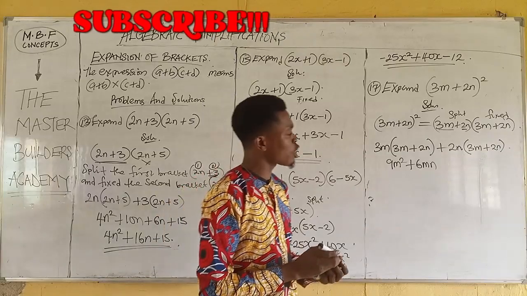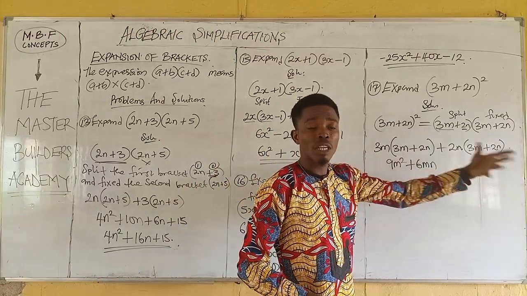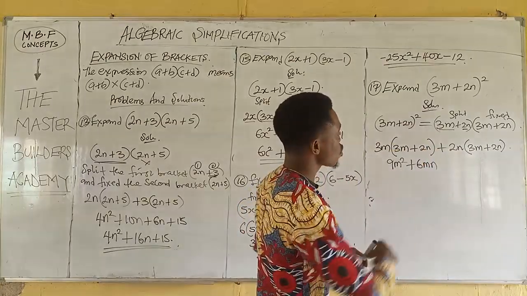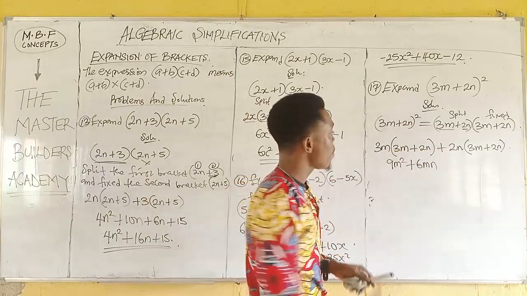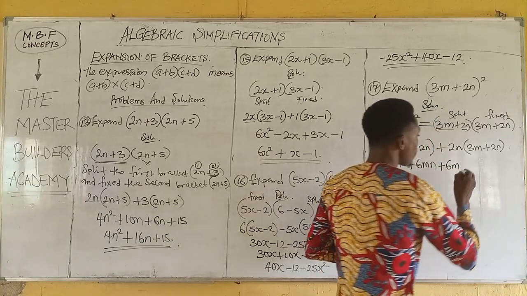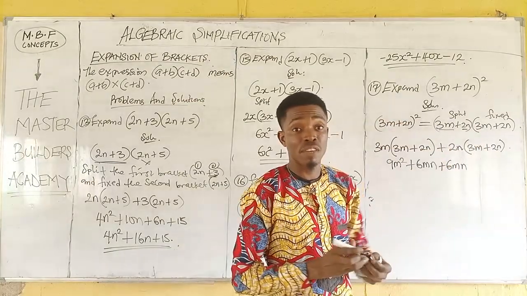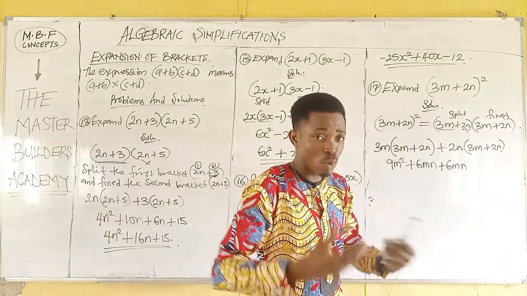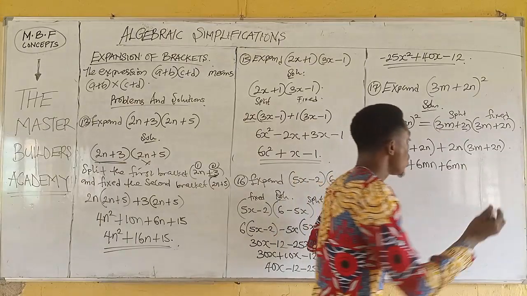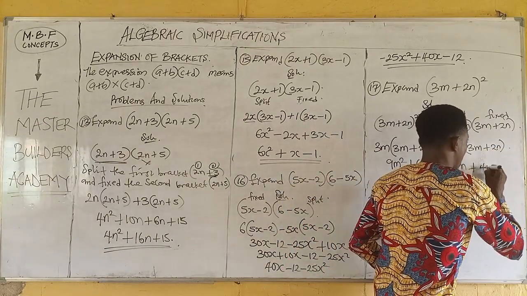Now the second bracket multiplication factor there is 2n. And we are going to use 2n to multiply 3m. Now 2n multiplied by 3m, we are also going to have plus 6mn. Then finally 2n times 2n would have given us 4n squared. Or of course you can say 2 times 2 would have given us 4, and n times n will give us n squared.